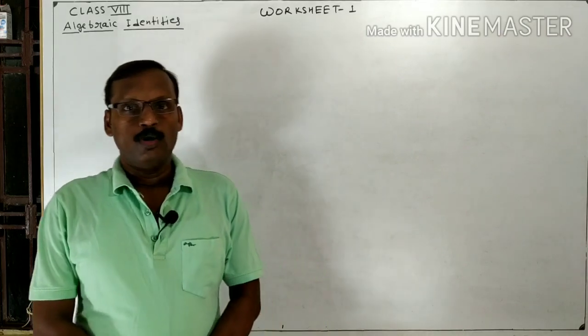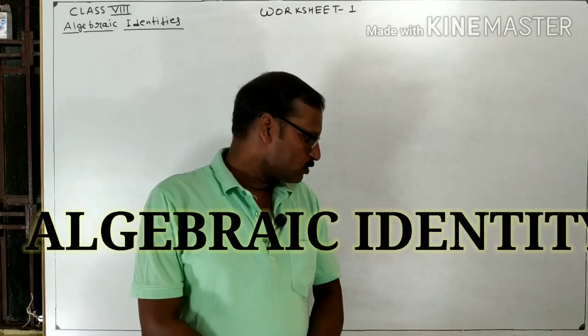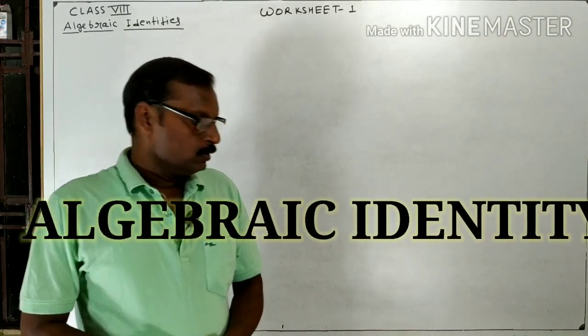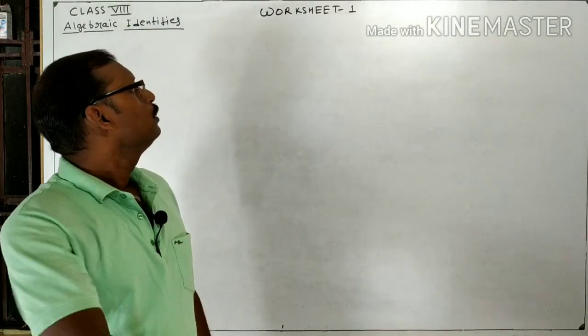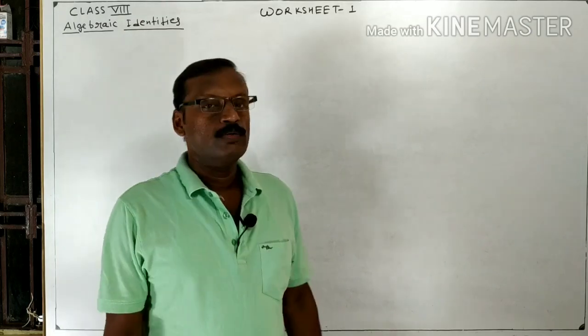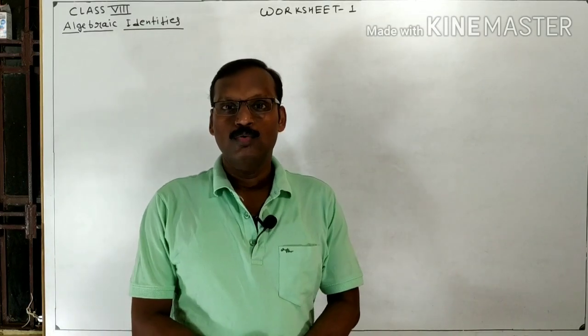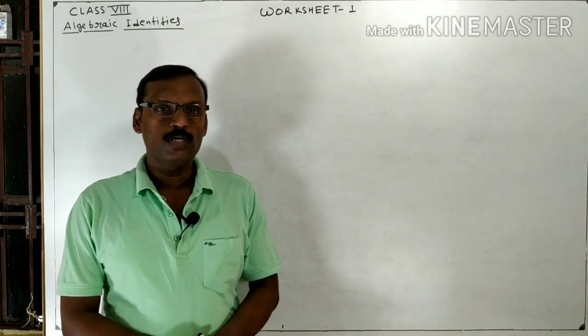Today we will study algebraic identities, class 8. So we start worksheet 1, and it is based on algebraic identities 1. First we must know what an algebraic identity is.